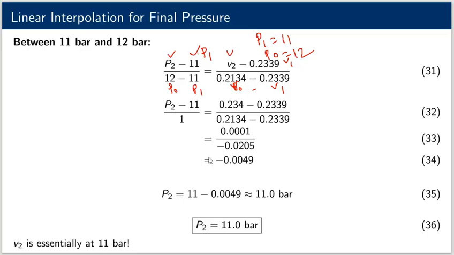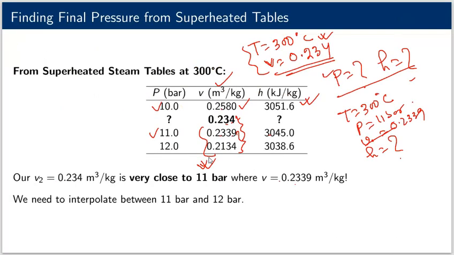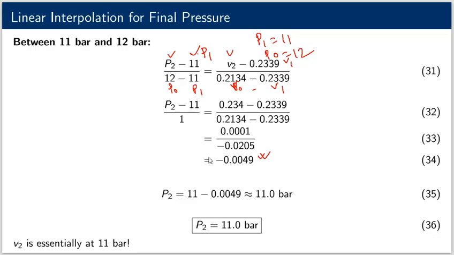From that we can easily calculate P2. Here we get minus 0.0049, so P2 will be 11.0 bar, exactly 11. So we can take P2 as 11.0 bar.